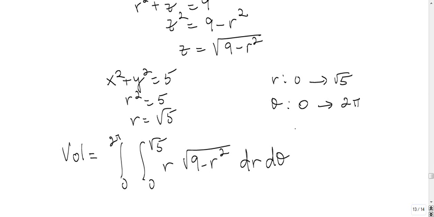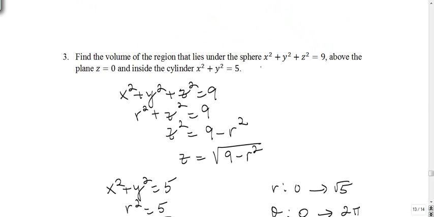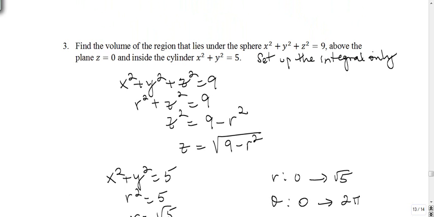U substitution. What is u? I would put 9 minus r squared for u. Okay, so let me just put on top, set up the integral only.